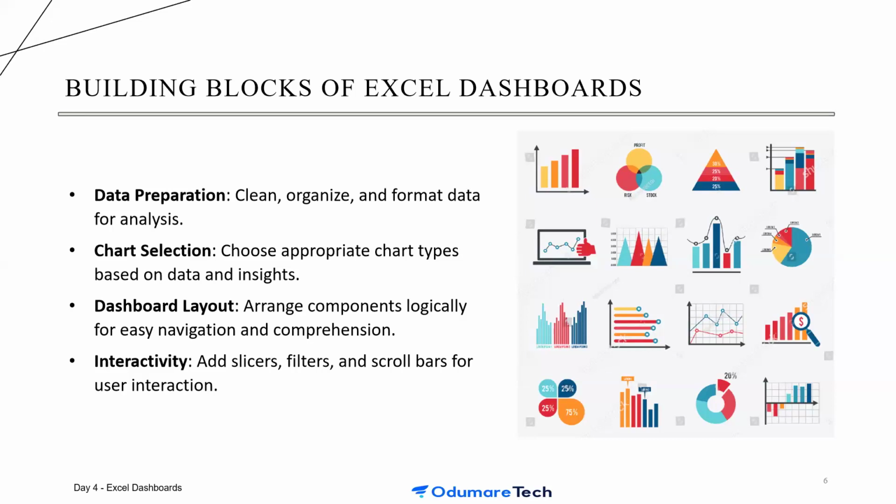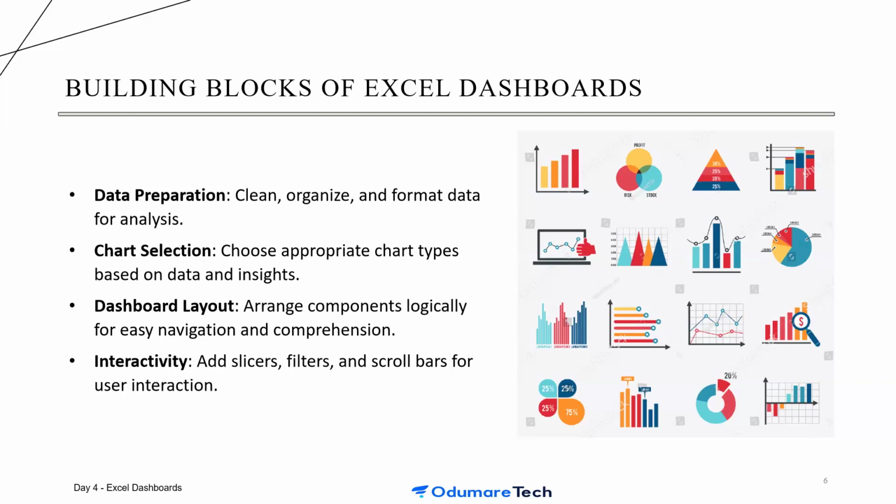Chart selection. When we're talking about charts and graphs, you remember that we talked about some of these charts being very suitable for some of these tasks. So you want to probably look at a trend over time, your line chart will be your friend.